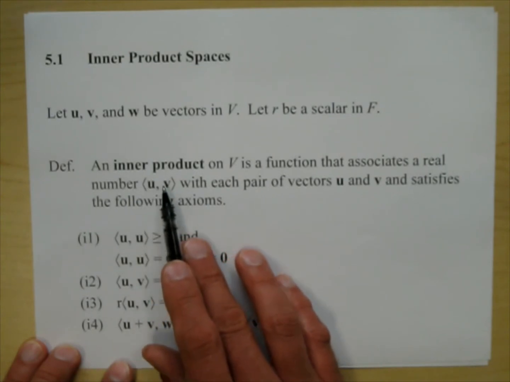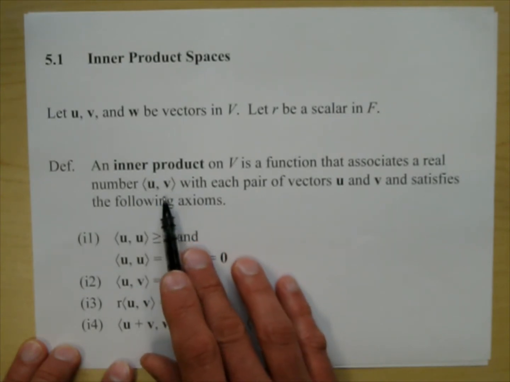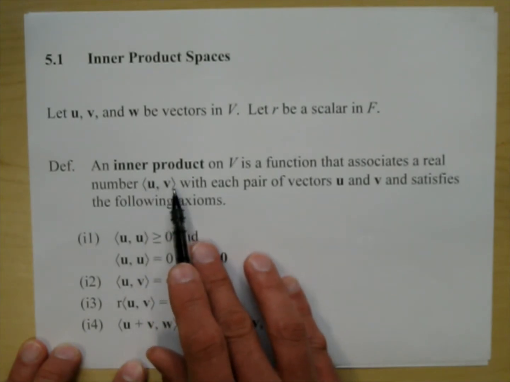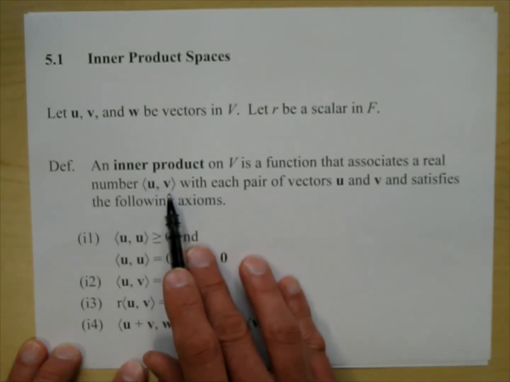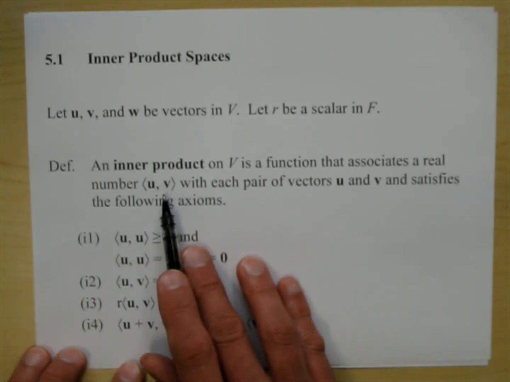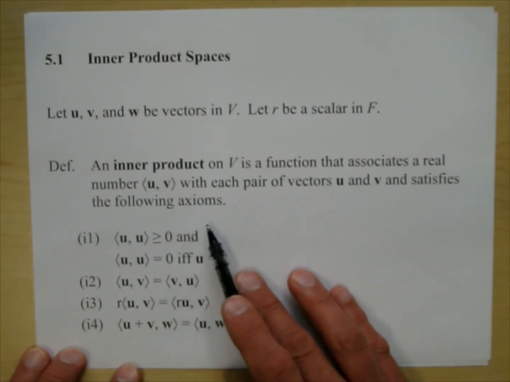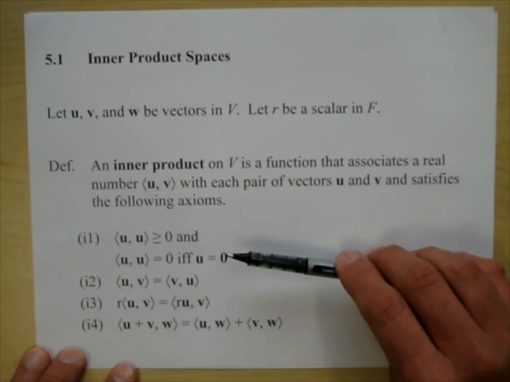It has these triangular brackets. And that is why we did not use the brackets when writing just vectors, because we knew we were going to do inner products. So it associates a real number with each pair of vectors and satisfies the following axioms.